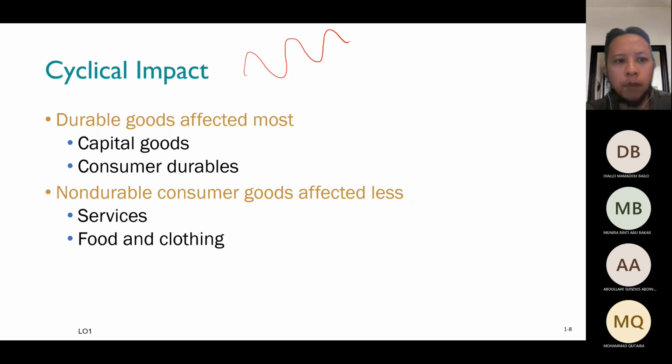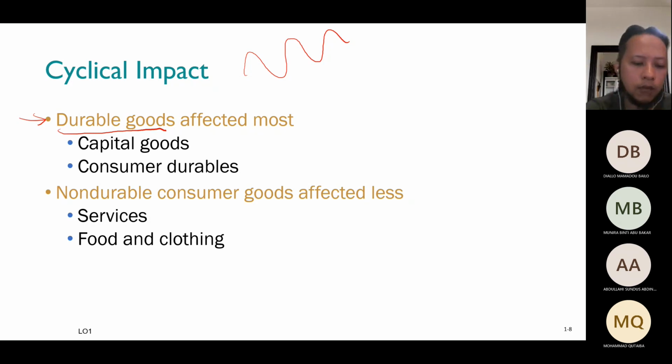So different goods have different impacts. When it comes to shocks, the durable goods will be affected the most. These are the things that have a due date.